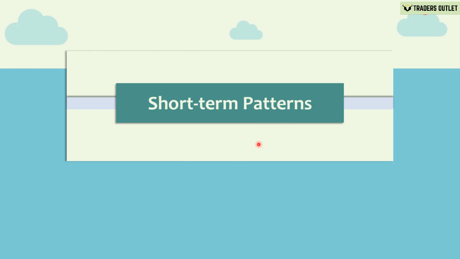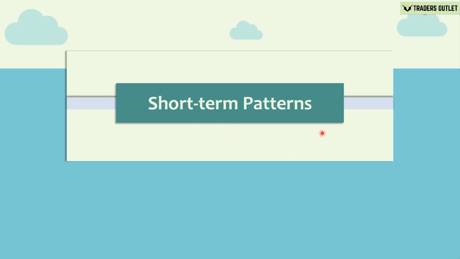Now we will look at the graphs directly, but before the graphs and examples and looking at the patterns, we'll first go through some of the basics and understand what short-term patterns are. When we say short-term, it doesn't necessarily mean that it's for a couple of minutes or a couple of hours. It basically means that this pattern takes over a couple of bars, and it could be 2, 3, 4, 5 bars, and that's it.